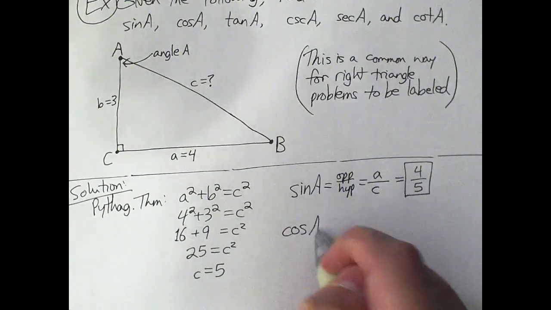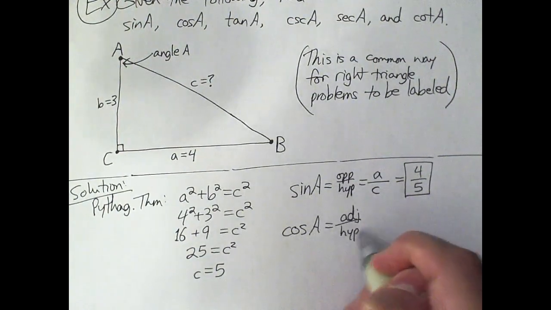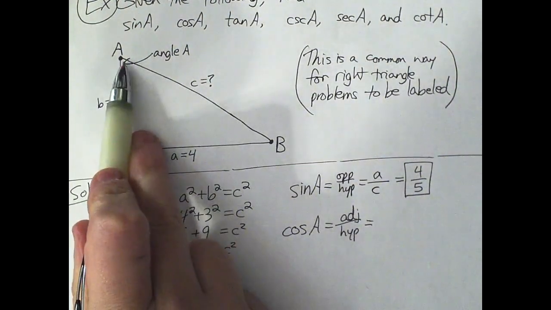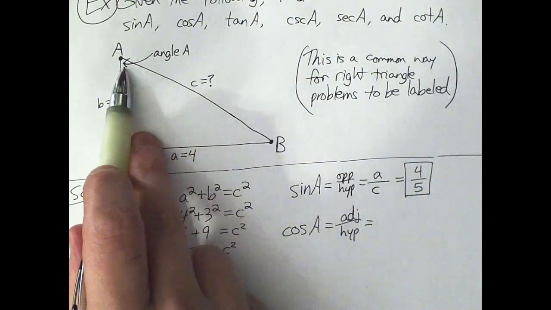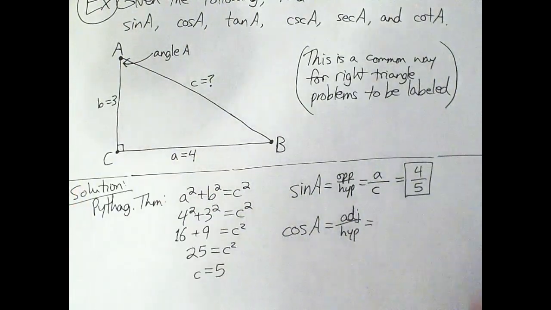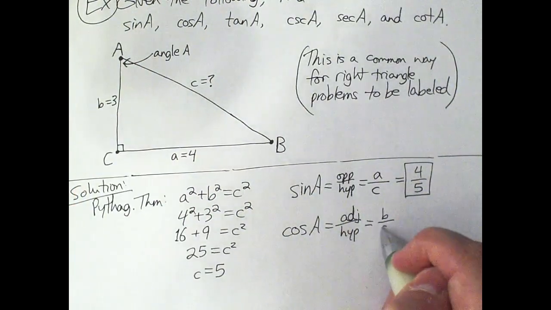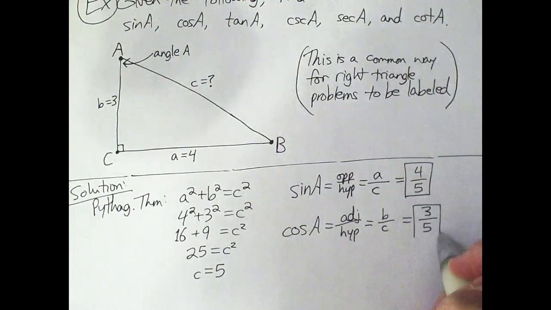Next up, cosine of A. Cosine of A is adjacent over hypotenuse. From A, which side length would be called adjacent? Well, I know which one is the hypotenuse, and I know which one is opposite, so the adjacent must be the other one, the 3. So we're going to say this is b over c, which is 3 over 5.